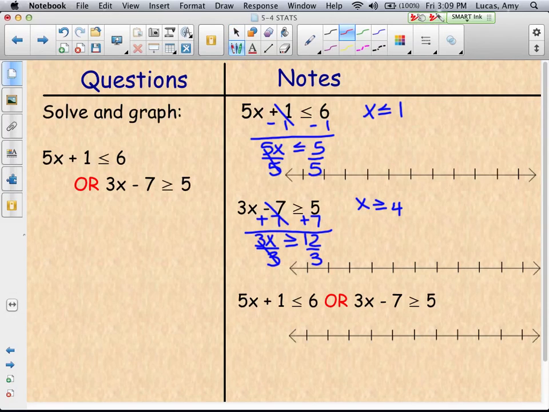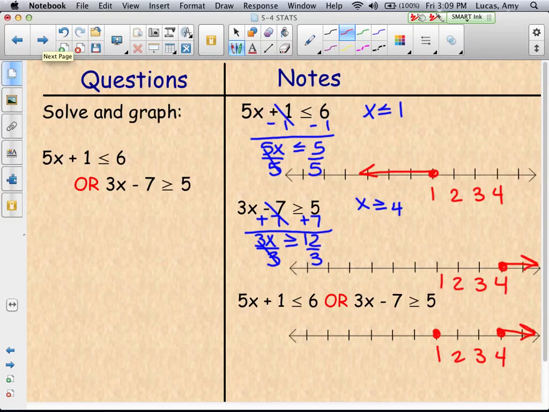So my number lines need to go from 1 to 4. Less than or equal to 1 would go to the left. Greater than or equal to 4 goes to the right. So again, we have 2 rays and we just unite them together for our solution.